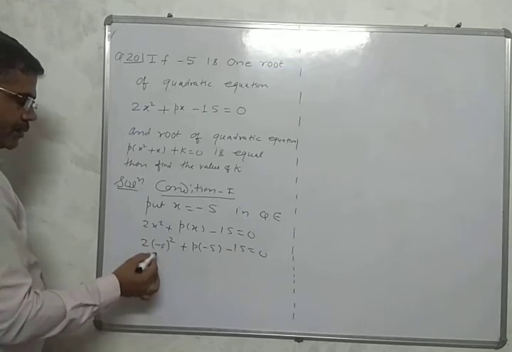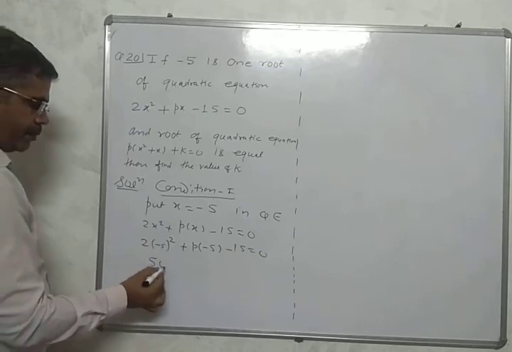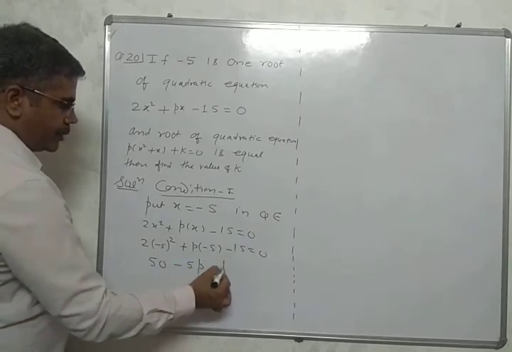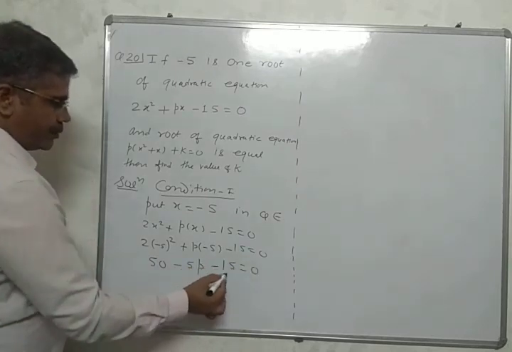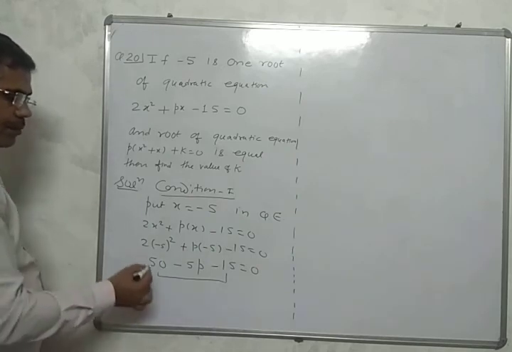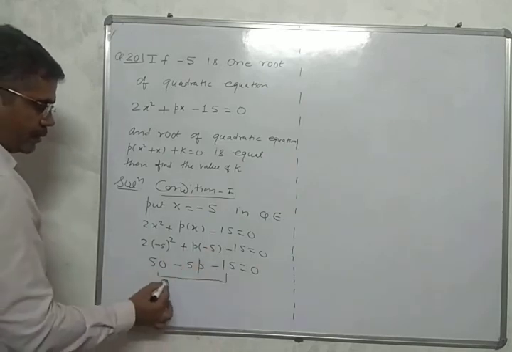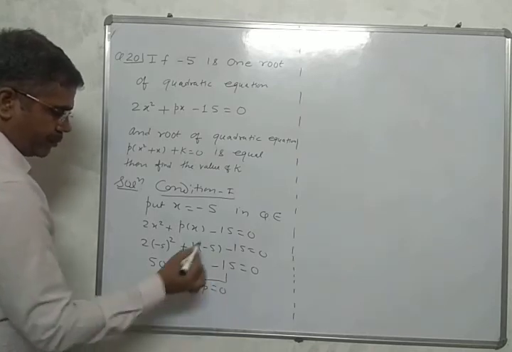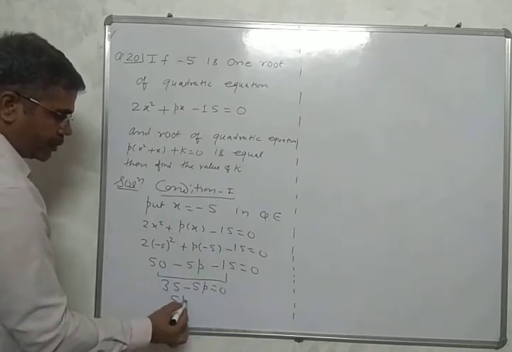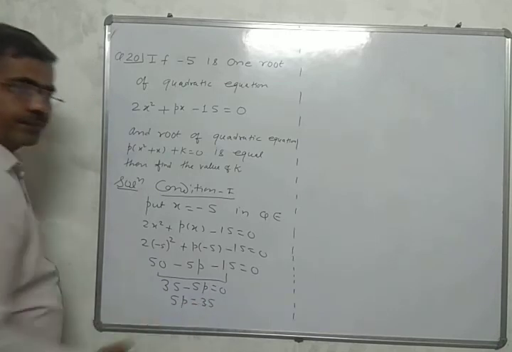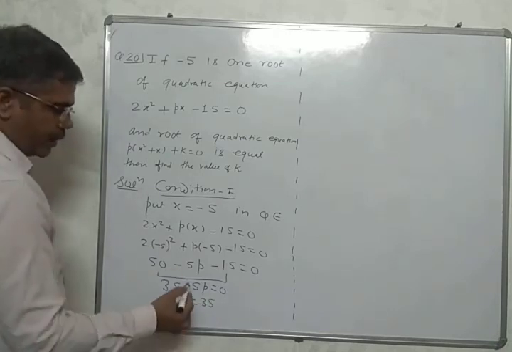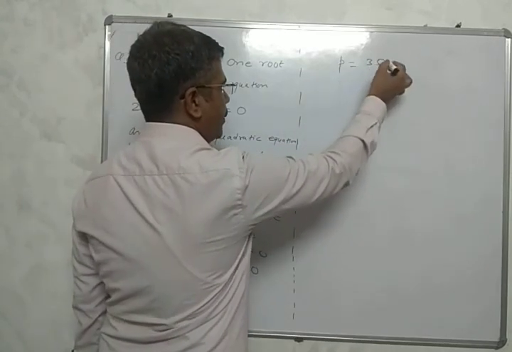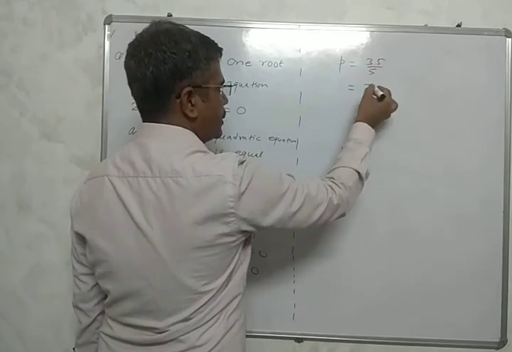Minus 5 square is 25, 25 times 2 is 50, minus 5 times of p, minus 15 equals to 0. 50 and minus 15, 35 minus 5p equals to 0. 5p equals to 35. We have p equals to 35 divided by 5, 7.